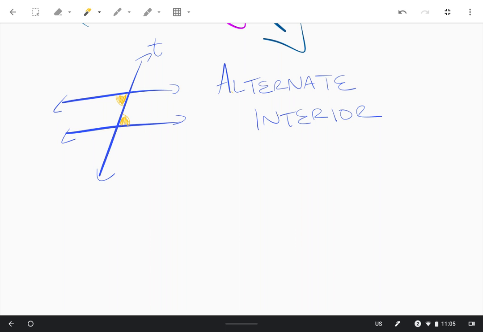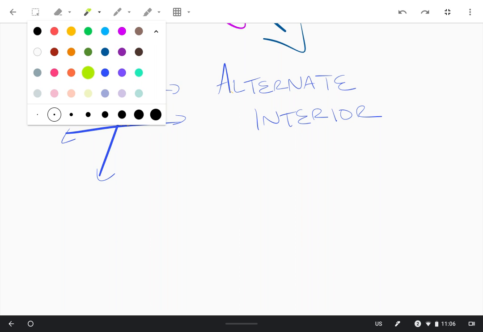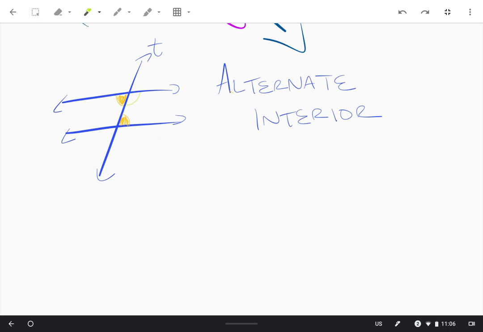They are both on the interior, but they are on opposite sides of that line. We also have another pair of alternate interior angles. This green pair of angles, this angle and this angle, are also alternate interior. So each of those pairs would be examples of alternate interior angles. Let's keep going.